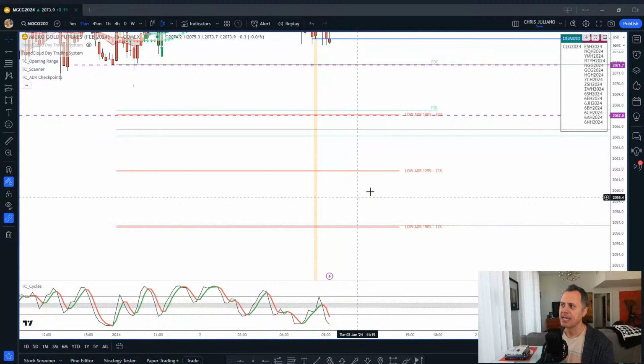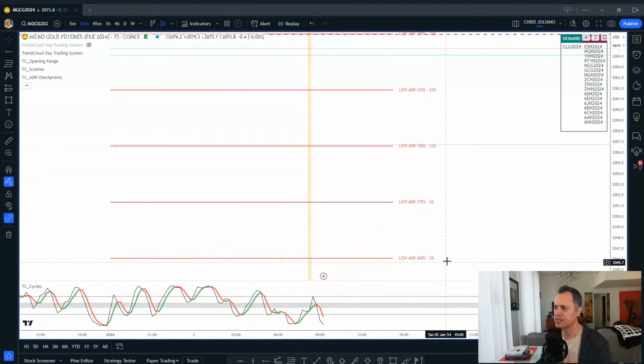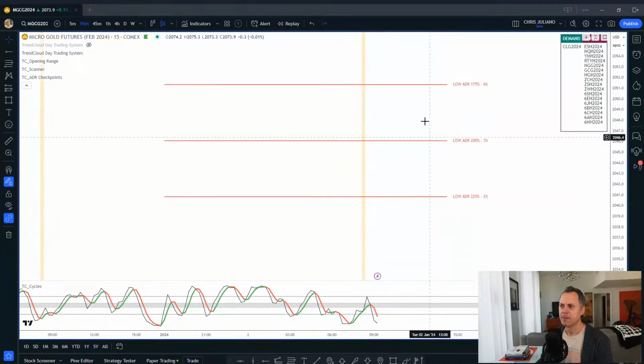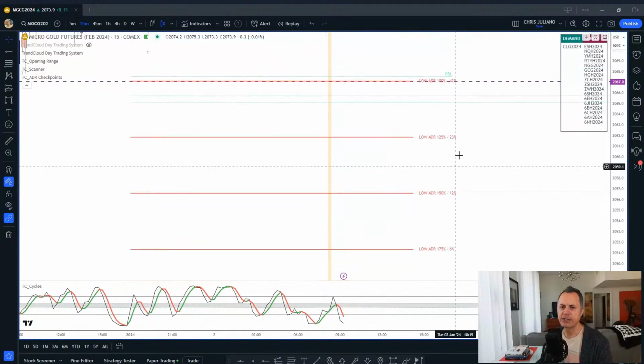So you see, the further it goes, the less of a chance it has to go to the next one. If it gets to 175% of its ADR, it's only got a 6% chance to get to this level. So they are great targets.